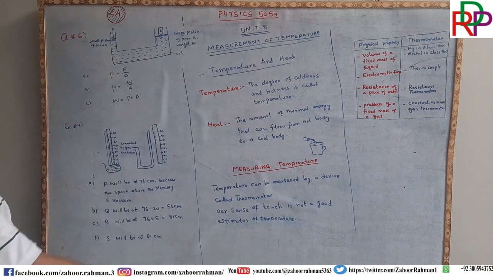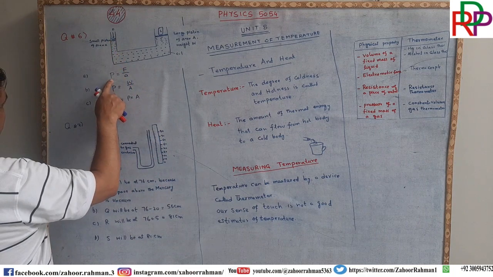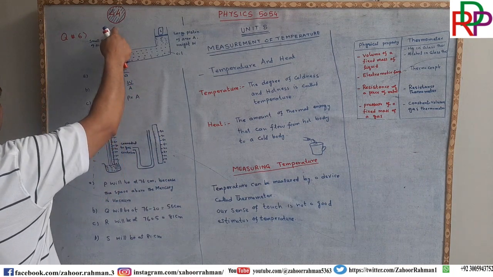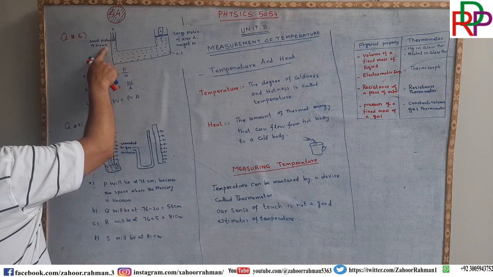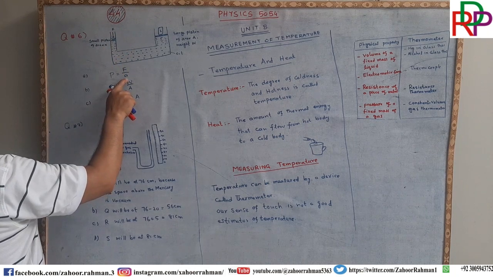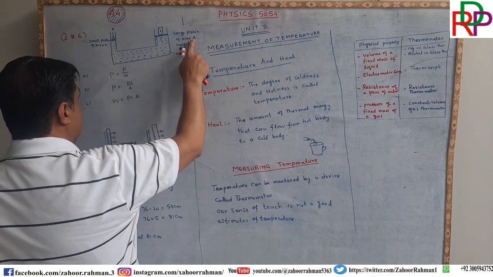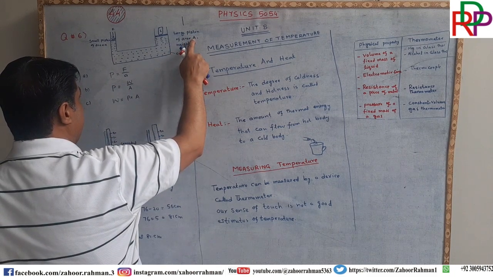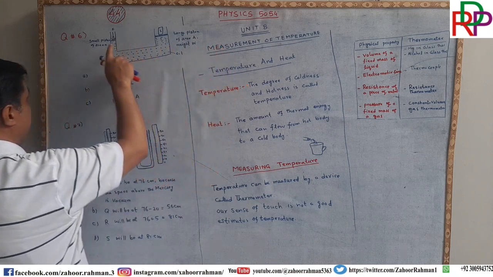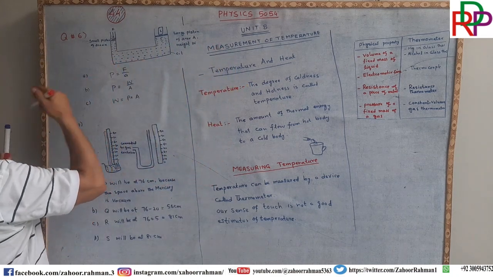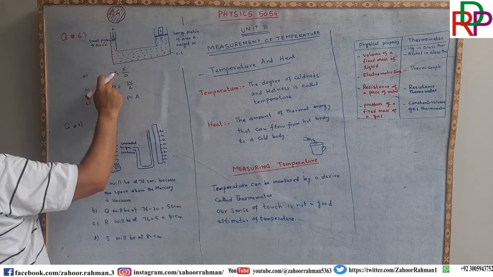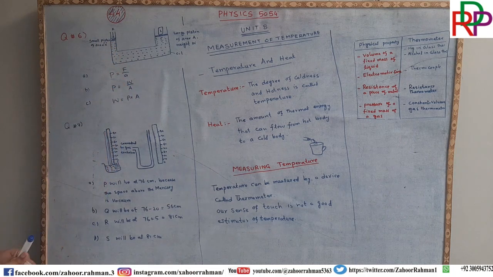Very easy, because pressure is denoted by P and F is here, and there is small a, so you have to write small a. If you are writing uppercase A, then you are wrong, because the area is given as small a. So pressure is equal to F divided by a. In this question, they are making sure whether you are paying attention to the symbols or not.